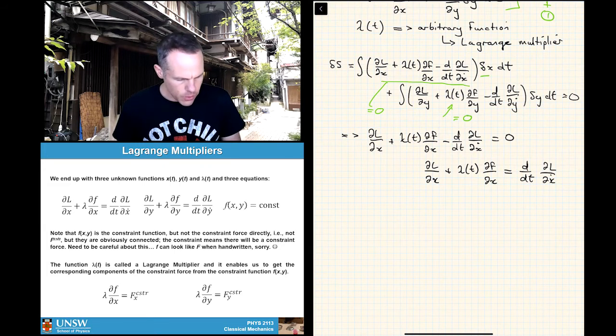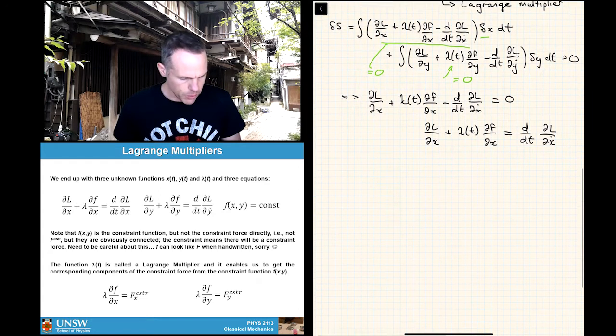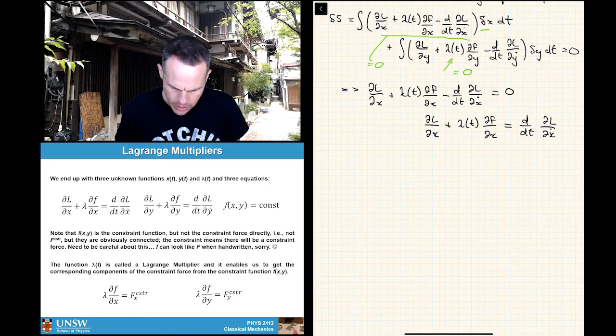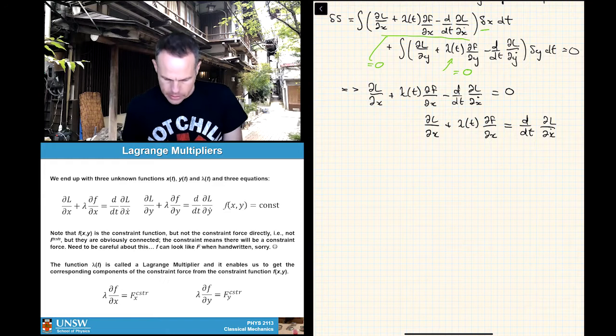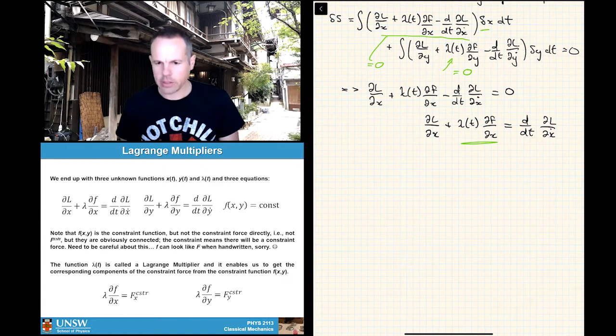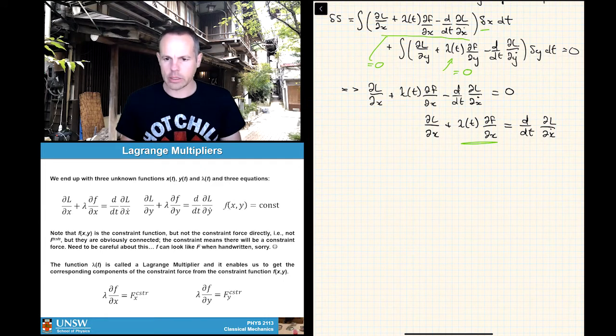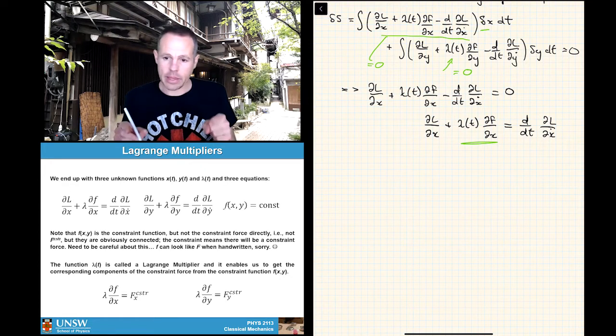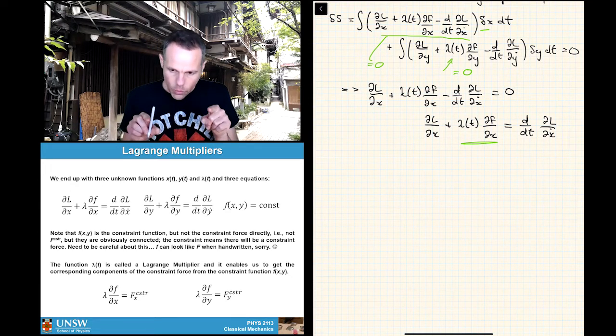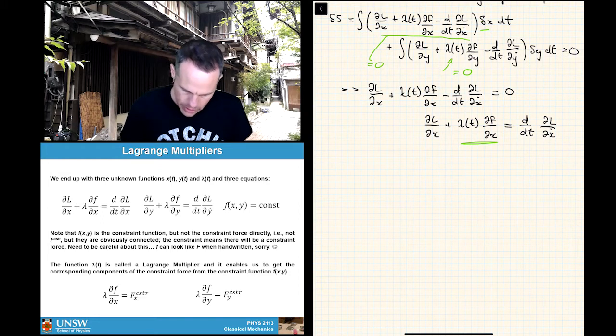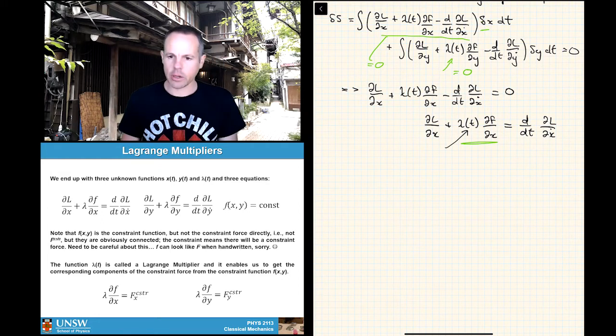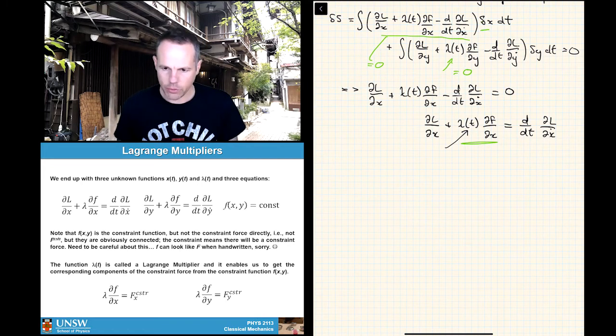And now that we've done this, you're probably seeing a little bit of what's going on in here, okay? What we've basically done is add a term that is effectively equal to 0 into an equation to get another term in there, right? And what we're going to do in the end is use this approach to get this function lambda of t that's then going to be connected to our constraint force, right?